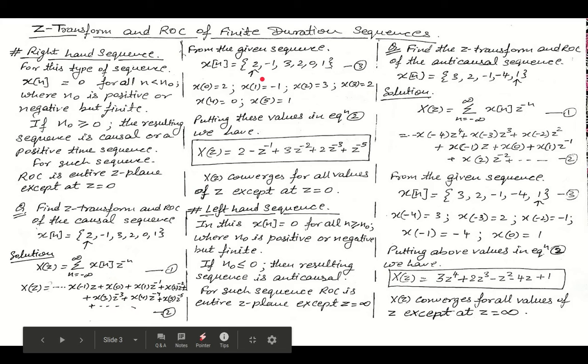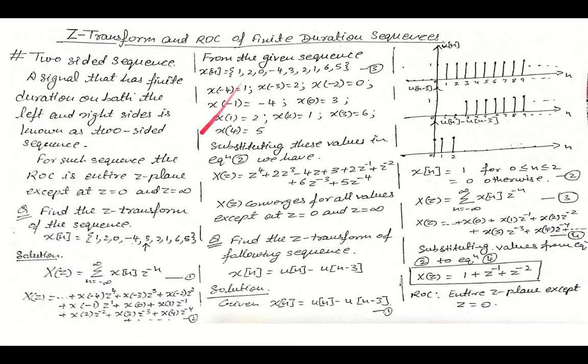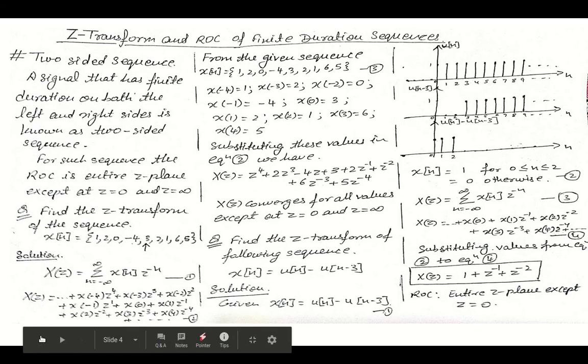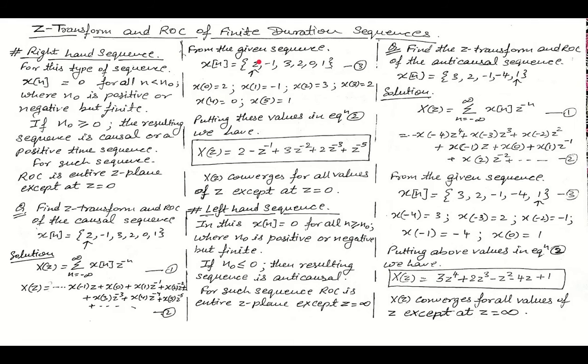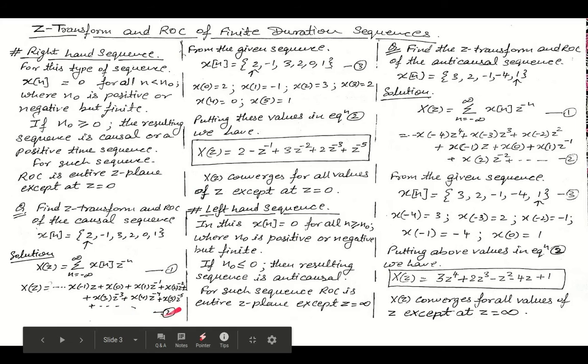Now from the given sequence, since 2 is at the origin, x[0] is equal to 2, x[1] is minus 1, x[2] is 3, x[3] is 2, x[4] is 0 and x[5] is 1.